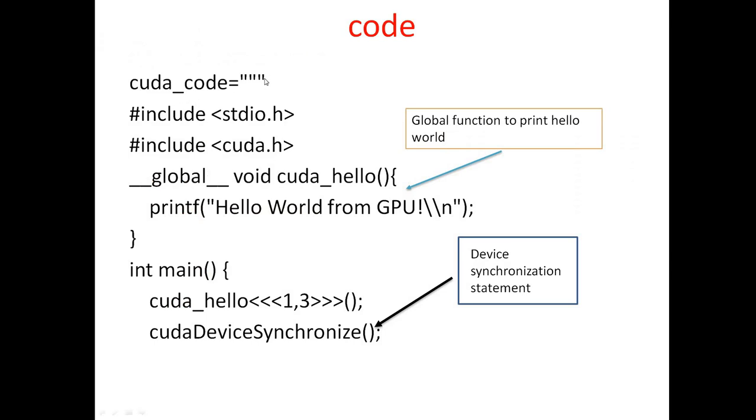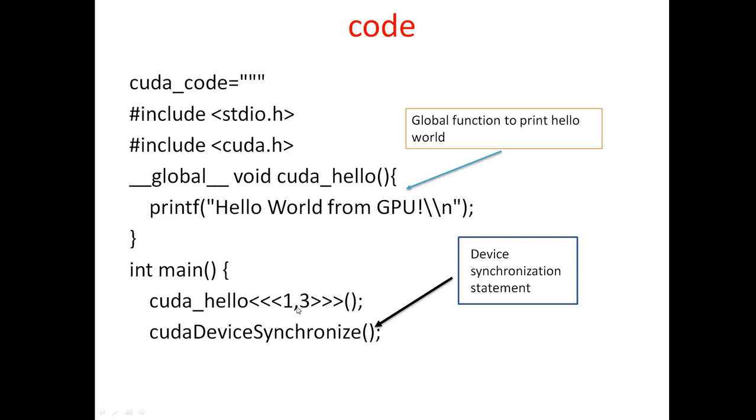The first line you can ignore, and this is like a standard C program like what we discussed in the previous videos. This is the main program which is executed on a CPU node, and this is what is executed in the GPU part. The kernel is launched with a function cuda_hello, which is marked __global__. This part is going to be run on the GPU.